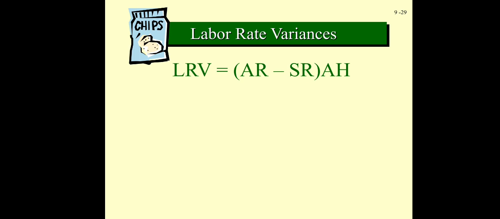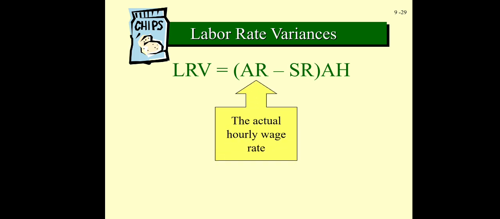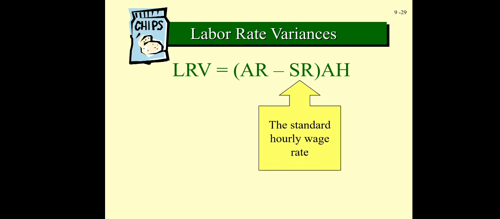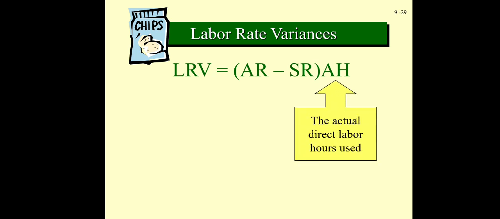So let's see here, using this ConChip product data, to calculate the labor rate variance, you have to use this formula. Labor rate variance, or LRV, equal to actual wage rate minus standard wage rate per hour times the actual direct labor hours used.